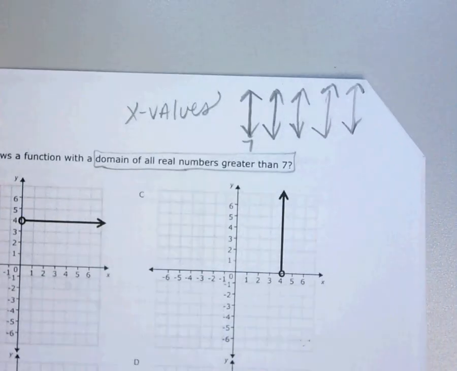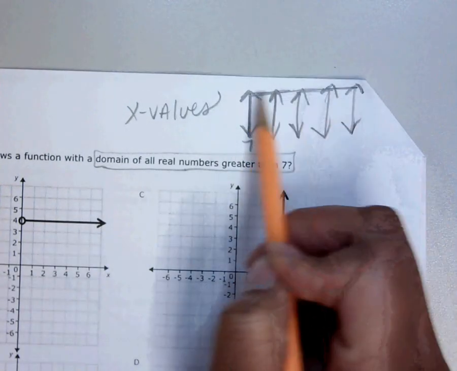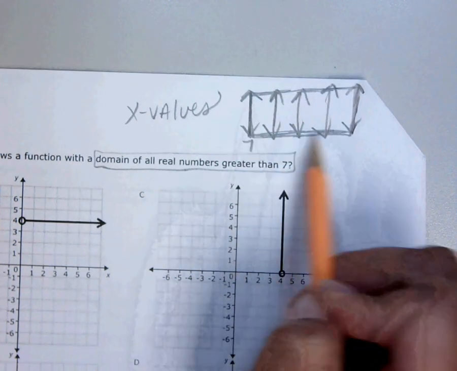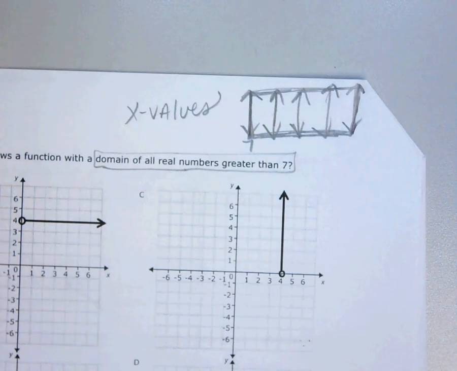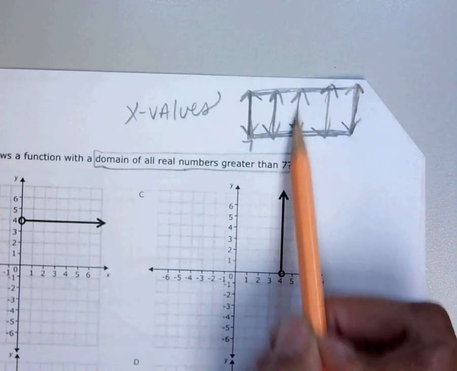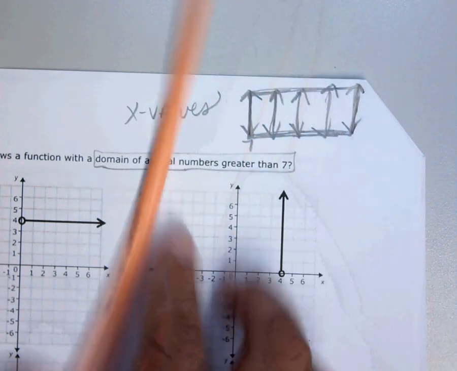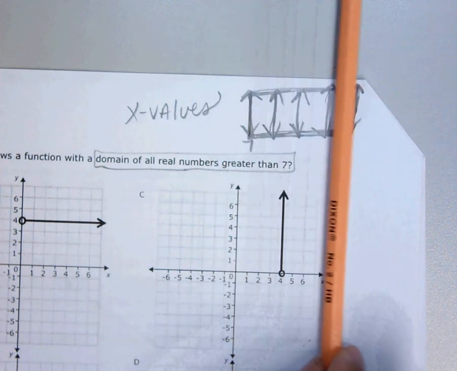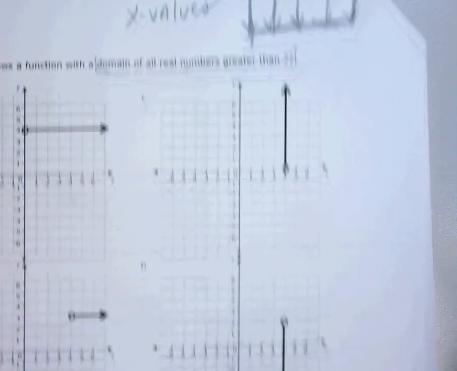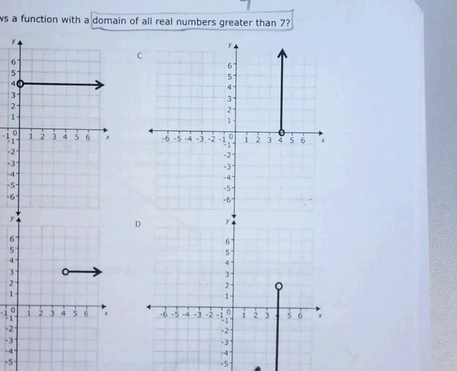So if you notice, I would say sidewalk, but some people don't like sidewalks, so I'm going to say jail cell bars. And those jail cell bars, which would be these, are the x values. But they are sliding on the x-axis to the right because they're getting bigger. So which one of these answer choices starts at 7 and gets bigger?